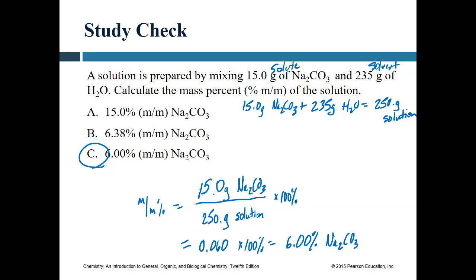Where that covers us is in the event we've got multiple solutes. That tag on there tells us, okay, it's 6% sodium carbonate and 1.3% sodium chloride, or whatever. If there are multiple solutes present, they would have different concentrations, probably. Not always, but probably. And from that standpoint, we would want to make sure that we are specific in saying, okay, this is what this percent represents. It represents this solute.